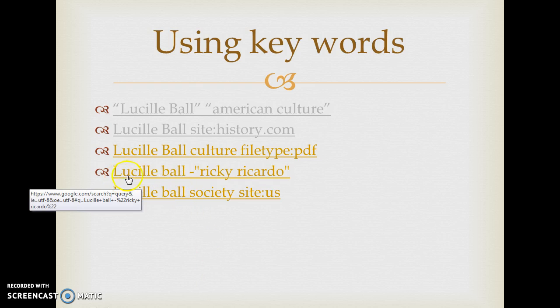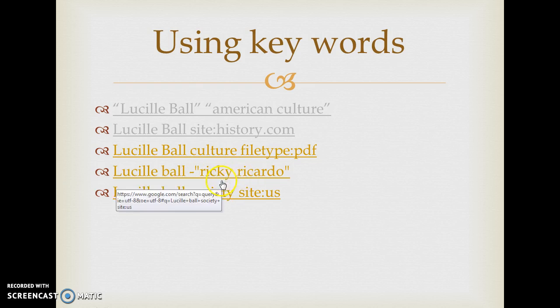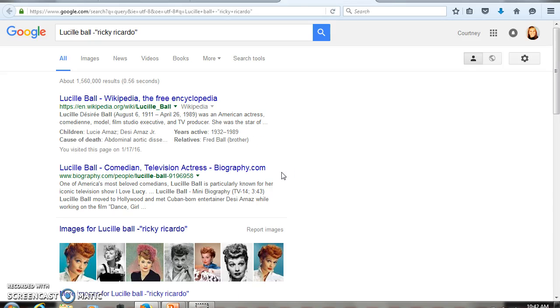If I want to know about Lucille Ball, but I'm getting too many sites that are talking about her husband on the show I Love Lucy, Ricky Ricardo, I want to eliminate Ricky Ricardo from my sites. So I'm going to type Lucille Ball space dash quotations, so it puts these two words together, Ricky Ricardo, close quotes. Notice I get a lot more hits, 1.5 million, and I'm getting a little less credible.